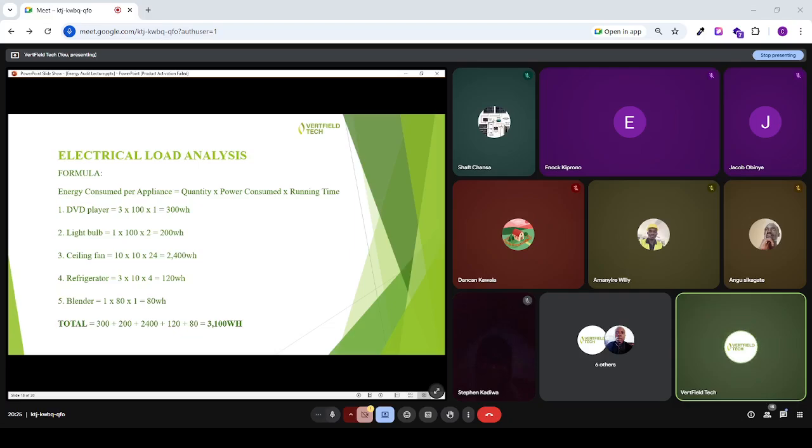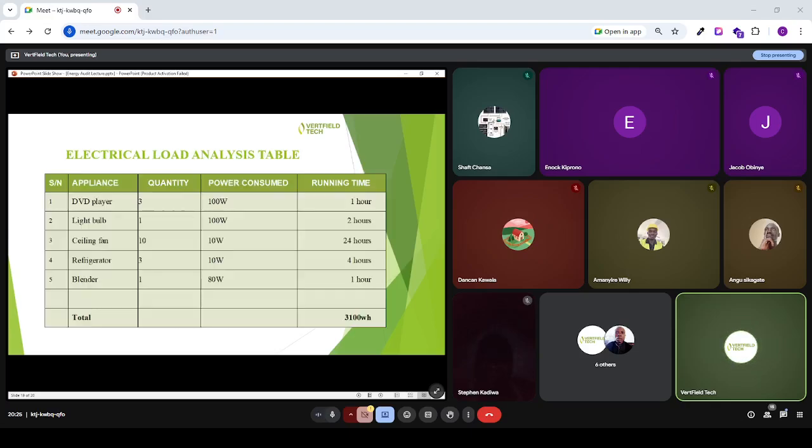Altogether, we then have a total of 3100 watt hour, and that becomes the energy need of the facility, as you can see on this very table. So that is the energy need of the facility, 3100.